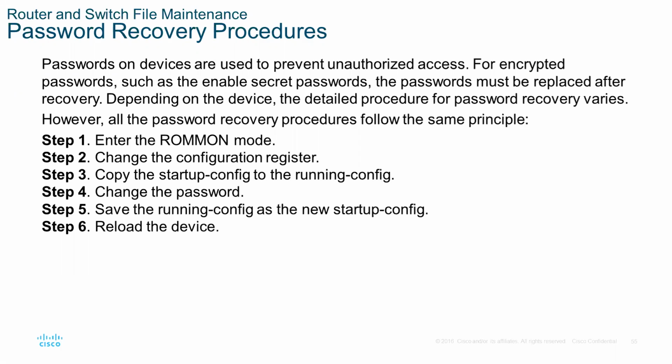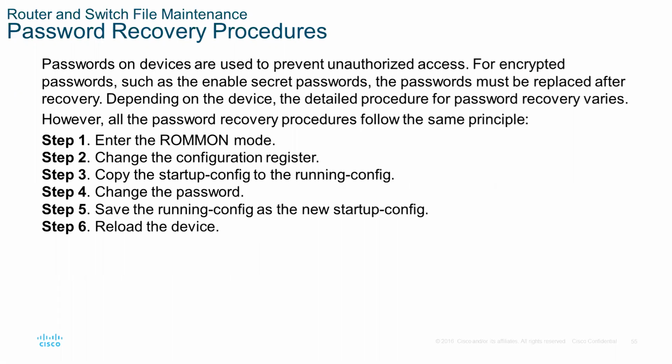So we need to go in, break into it as part of the boot sequence. So we need to enter ROMMON mode. We need to change the configuration register, which tells it how and where to find its files. We then manually copy the startup config file into the running config. Now, when we enter that copy command, we're already in the privileged user level.